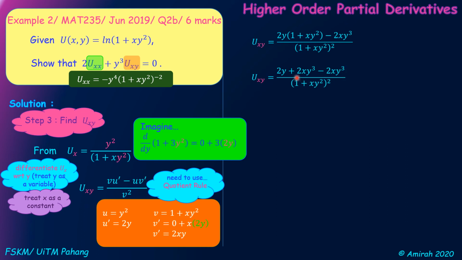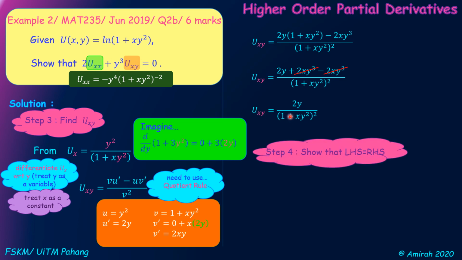Then we can simplify positive 2xy cubed minus 2xy cubed, so we can write uxy equals 2y over 1 plus xy squared, bracket squared. Now we have found uxy. So we can continue with step 4.